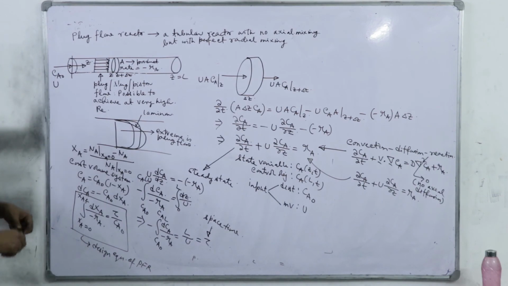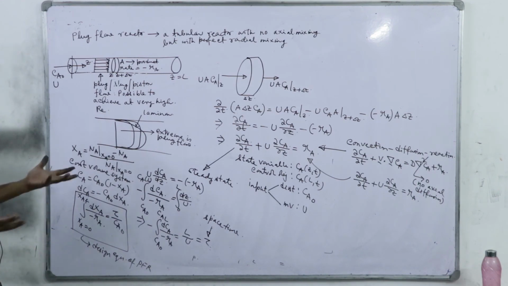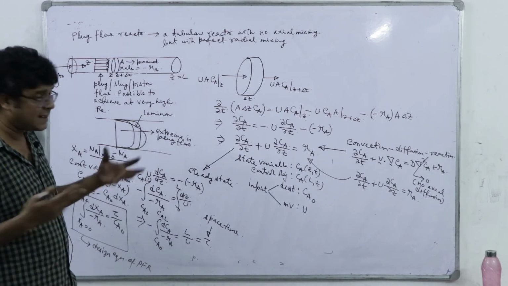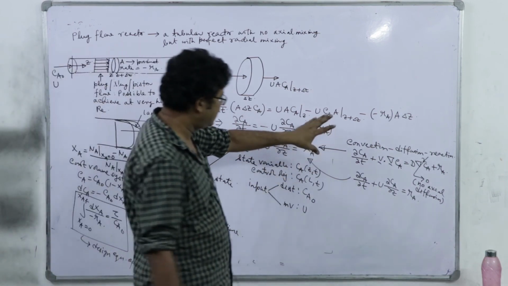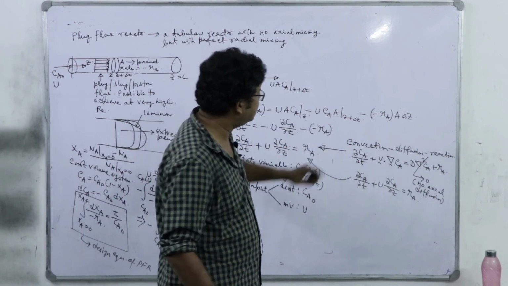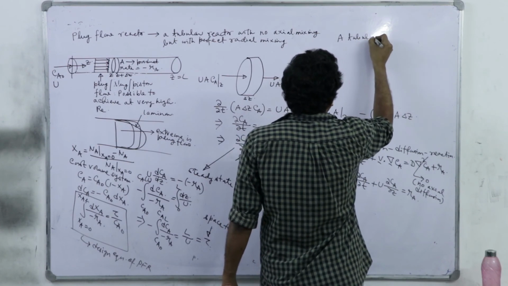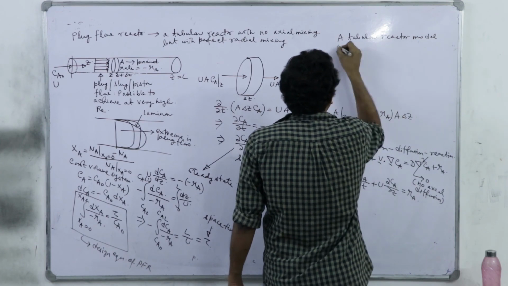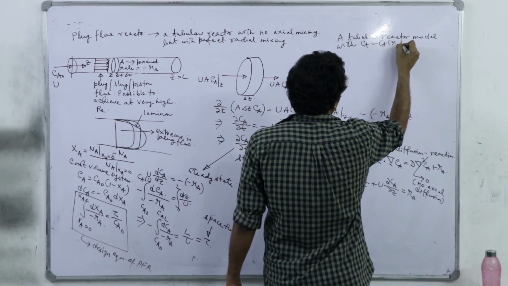Now think of a tubular reactor where it is not a PFR, but rather we have axial as well as radial dispersion effects. You do not have to go by shell balance; we will directly use this equation. A tubular reactor model with CA being a function of r, z and t.